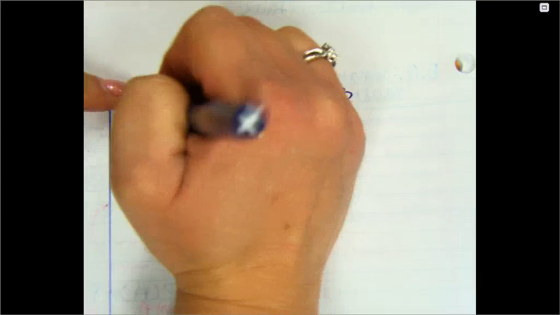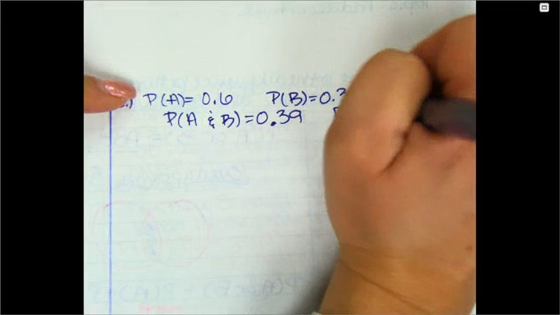You'll have time for homework. The probability of A is 0.6. The probability of B is 0.3. The probability of A and B is 0.39. What is the probability of A or B?